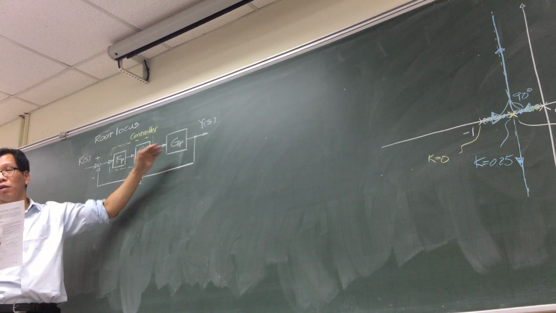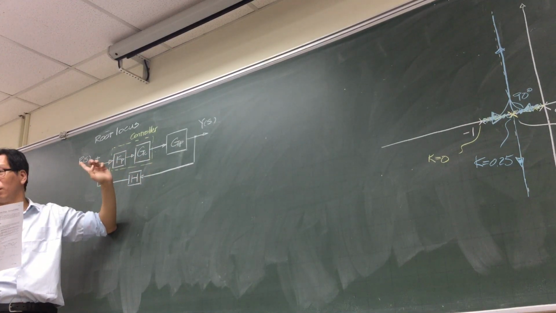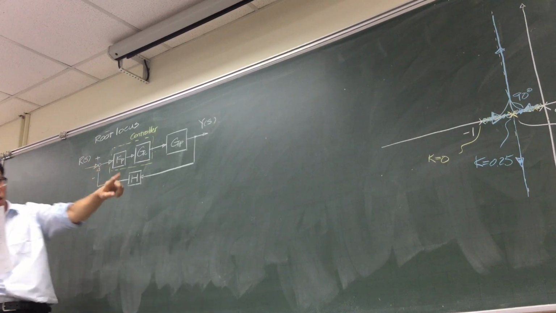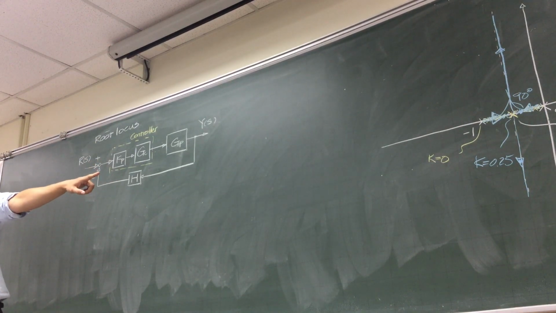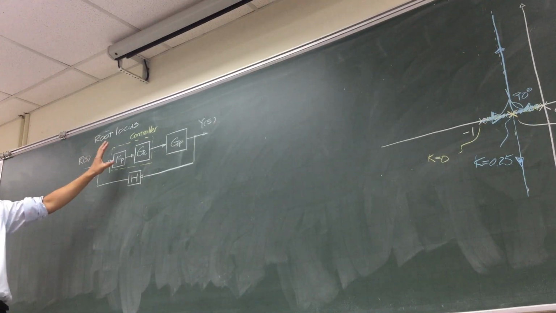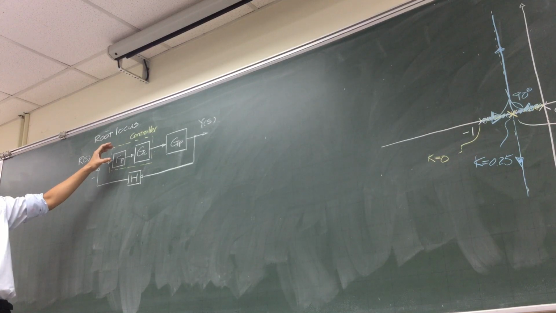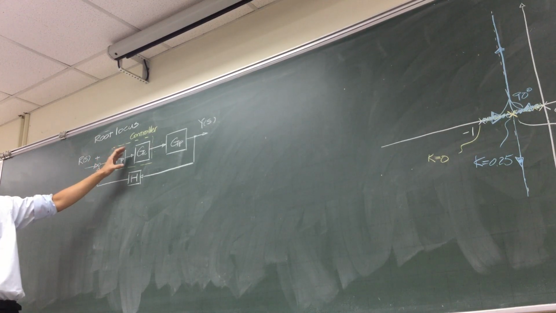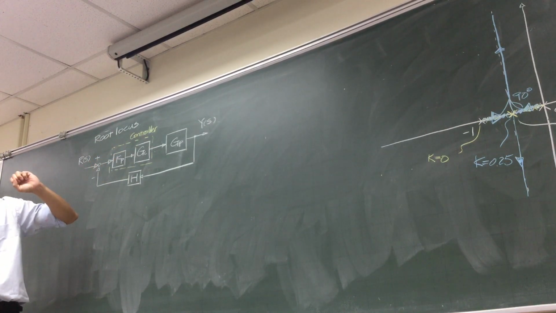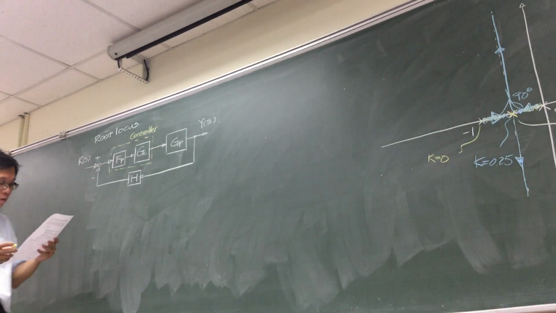Because when we are dealing with the root locus, we're talking about the change of trajectory related to the gain. So gain is the only variable, which means Kp specifically over here needs to be separated away from your controller.